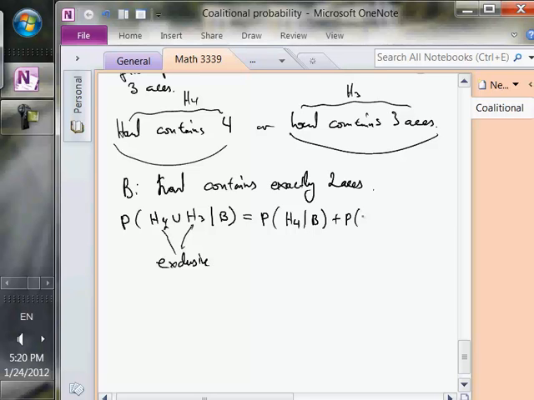Even if they are conditional, you can still add them. The condition is nothing else but reassignment of the sample space. So all the rules of probability work provided that you keep the condition the same on the left and on the right hand side. Right? So what is the probability of the first event? You have 4 aces in the hand given that you already have 2 aces.